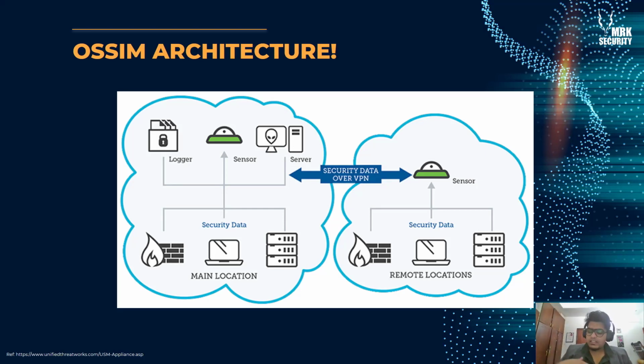If I extend my lab, and I want to connect my Abu Dhabi architecture with the Dubai one, I only need to deploy a sensor there. That sensor will collect all the Dubai system logs and will be connected with our server, which is present in Abu Dhabi. So that's how it works remotely.